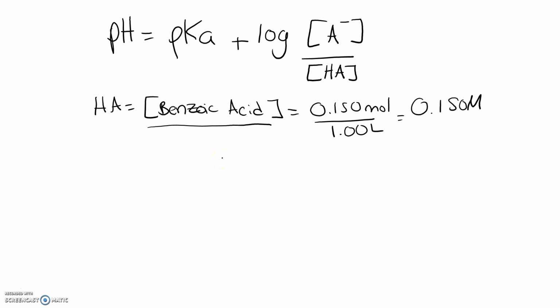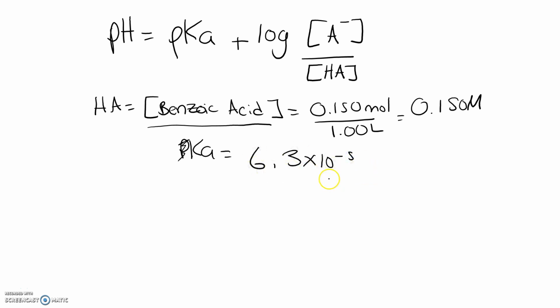the addition of the sodium benzoate. Because if we look at the benzoic acid, they give us the Ka, right? The Ka is equal to 6.3 times 10 to the negative 5.